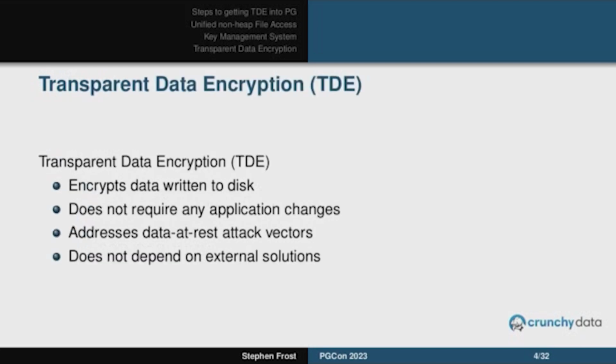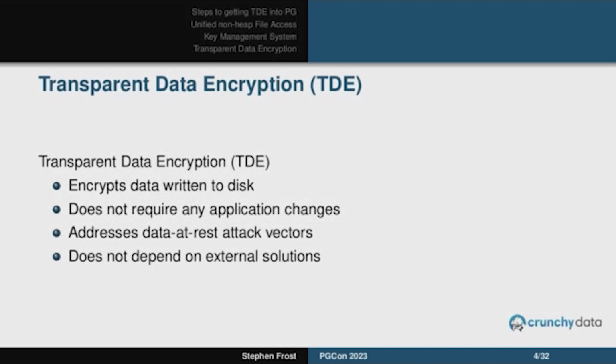So let's talk a little bit about transparent data encryption real quick. What is the point of it? The idea is that we're going to encrypt all the data that gets written to disk, without requiring any application level changes. There's a proposal right now from Peter Eisentraut that I think is a great idea, which is to do client-side encryption using a special column data type for encryption.